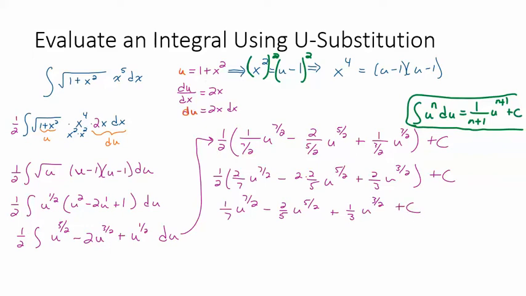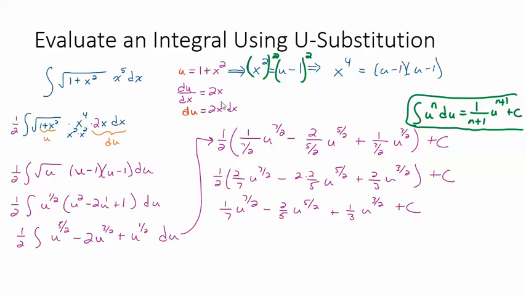Now if this was a definite integral with a lower bound and an upper bound, then we could have made that substitution with this u equals 1 plus x squared and put some different bounds and just went ahead and evaluated that with the u's. But since this is an indefinite integral, we do need to write our answer in terms of x.